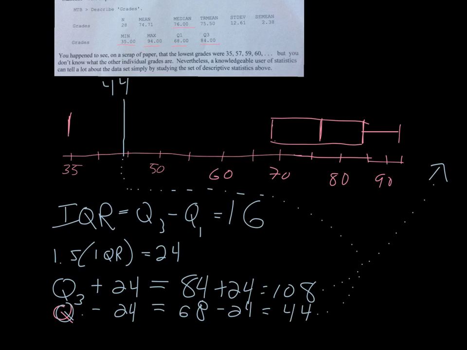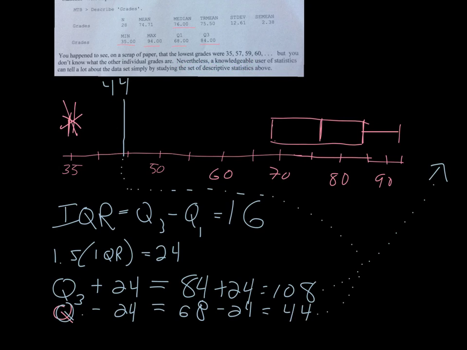I already see that there's going to be a number less than that, because that was my minimum. So I look up here in the problem, it also said the lowest grades were 35, 57, 59, and 60. Well, that means 35 is lower than 44, so this point down here is a potential outlier.